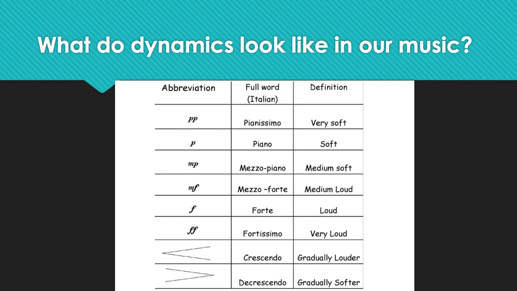So you just keep adding an ISS for as many letters there are. So if you have 3 F's, it's fortississimo, which is very, very loud. And then the greater than, less than looking symbols are crescendo, which is gradually louder, and decrescendo, which is gradually softer. So you can see those.